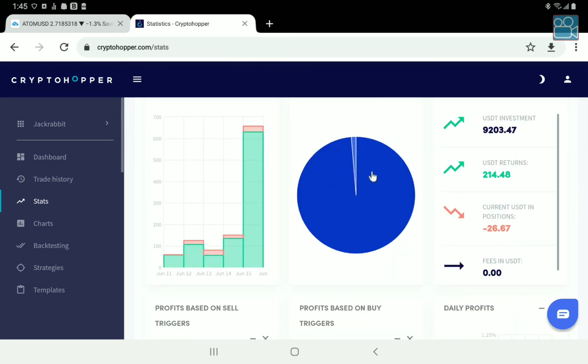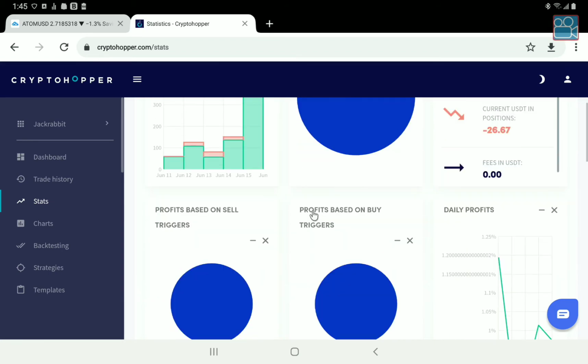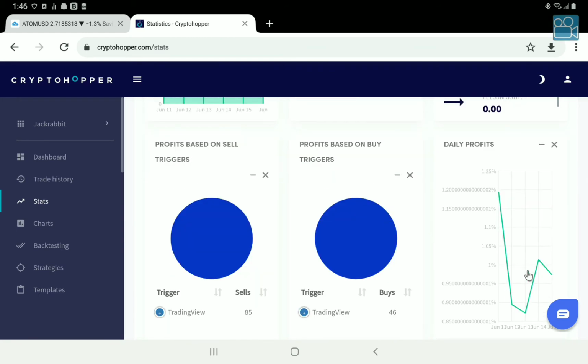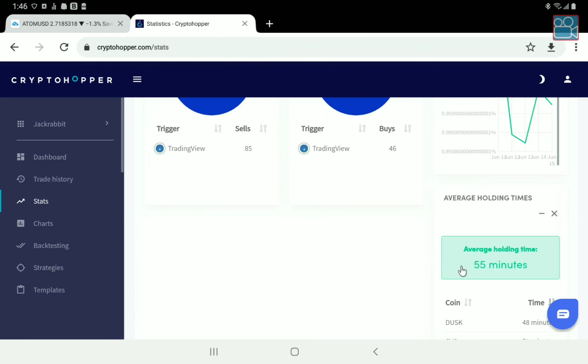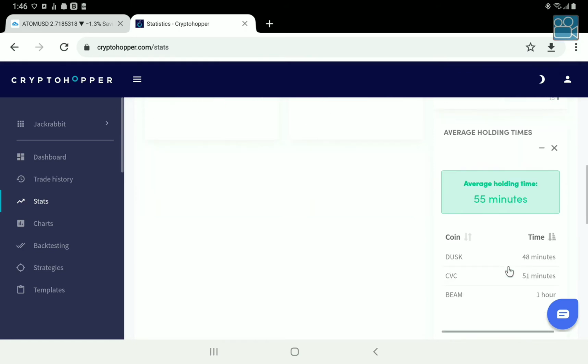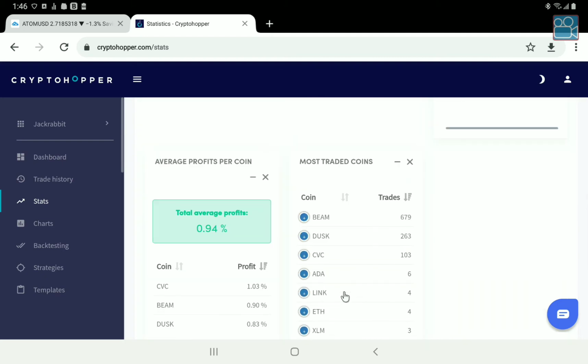And as you can see, here are the buys and sells appropriately, the profits and the triggers. My average holding time, the top three coins, of course, are the ones that are the most aggressive. 0.3% deviation, 0.3% take profit. You see here the number of trades, each of the coins versus the other coins.